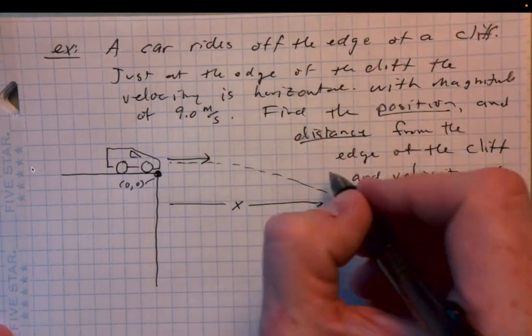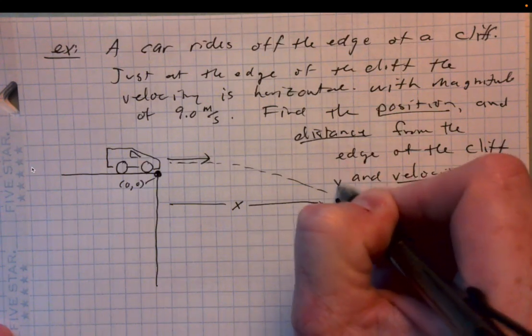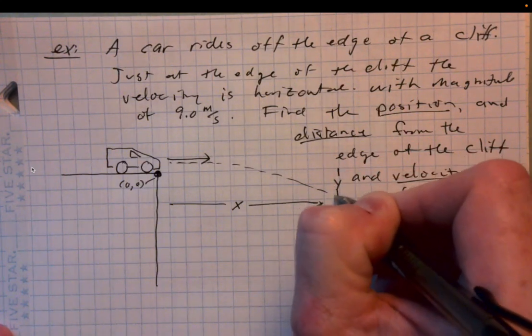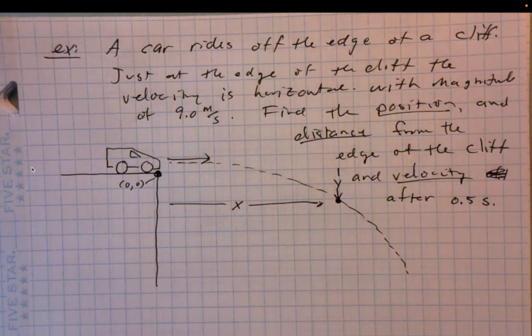Now in this case, y is actually going to be a negative value. If the car had wings, perhaps y would be positive, but because obviously it doesn't, it's just going to head down. So the y component of position will be negative. Okay. And so that's the setup.